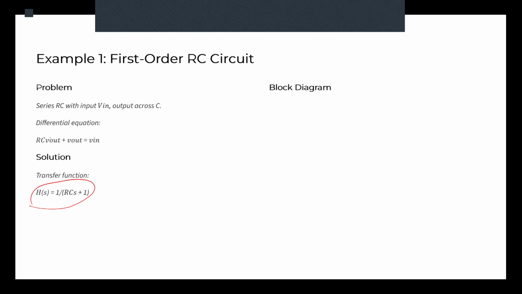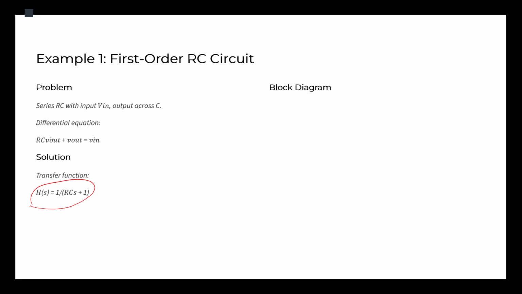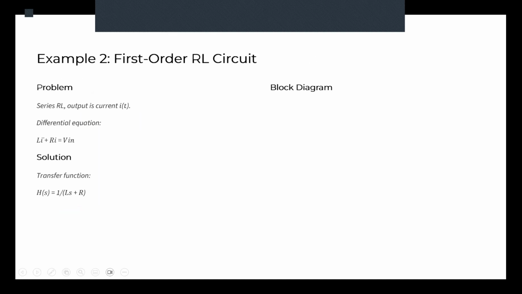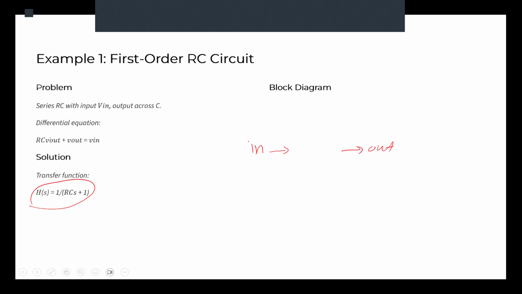Now I want you to see how we can represent that as a block diagram. This case is very simple. We have our input, and we want our output. What's going to happen between them? How can we transfer input to the output?